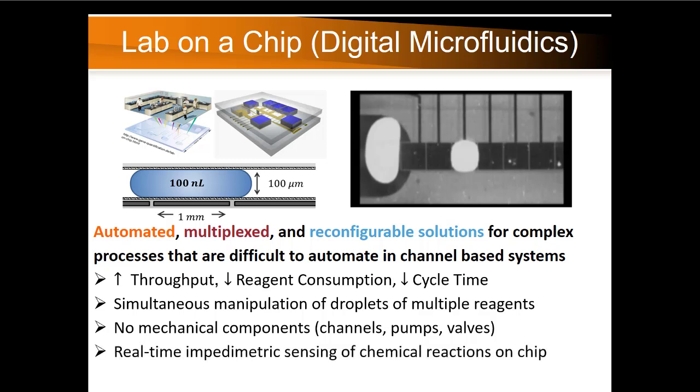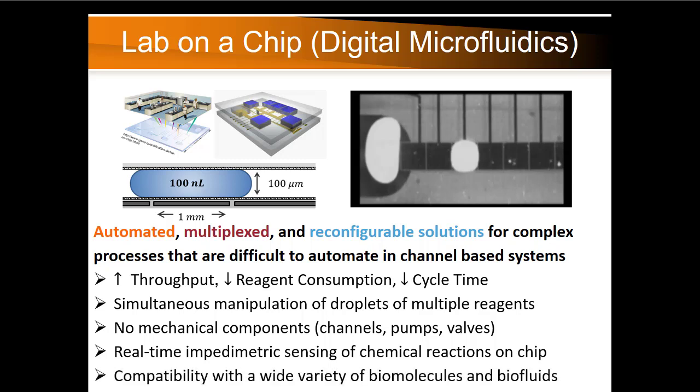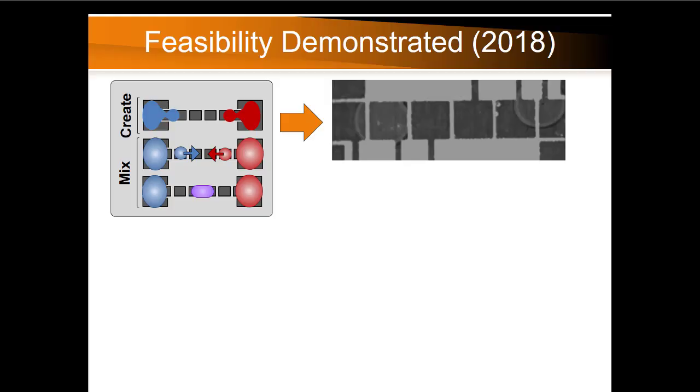We can get real-time impedometric sensing of things like chemical reactions as they're happening on the chip. People have also shown that this type of actuation scheme is compatible with lots of different biological reagent devices. You may remember this slide from my tenure presentation, right?